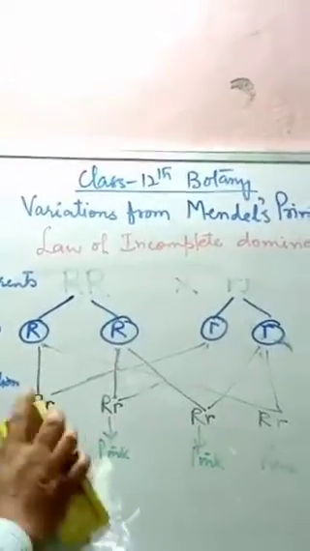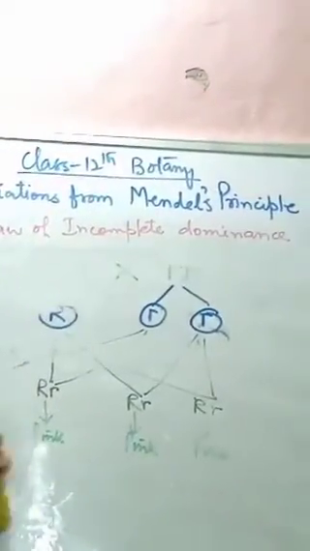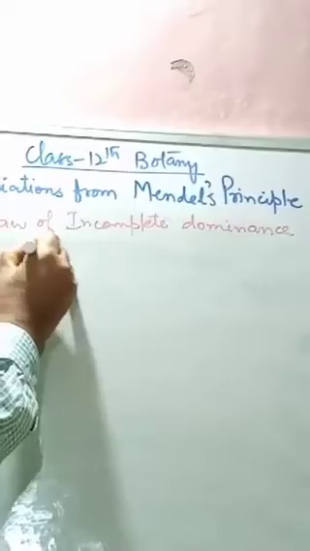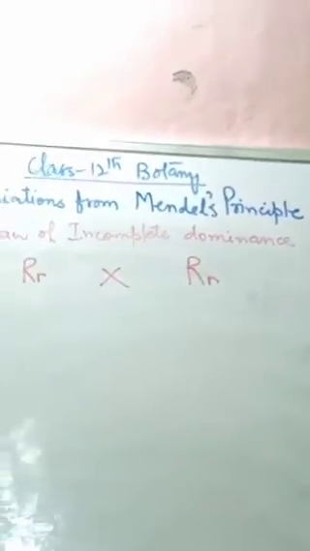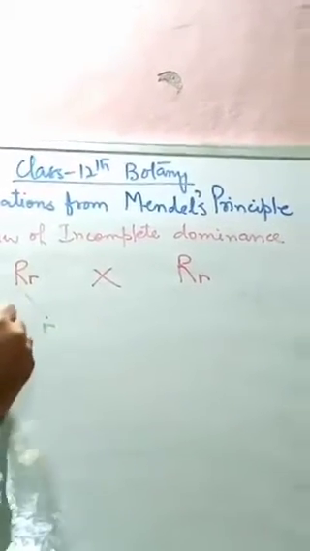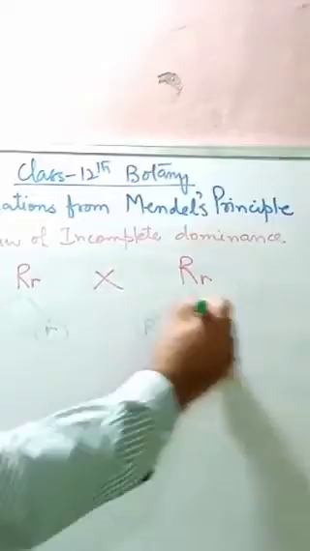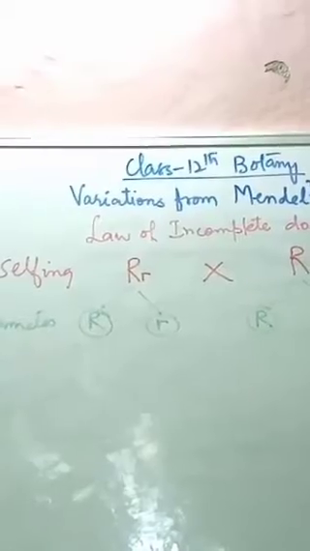Now when these F1 hybrids are selfed, जब हम इनकी selfing कर लेते हैं, what will we see? What will be the gametes? They will be R and small r. चलो कर लो इनको selfing by taking this Punnett square.